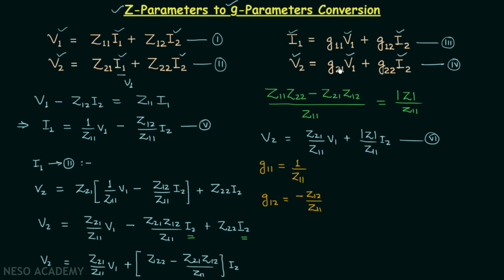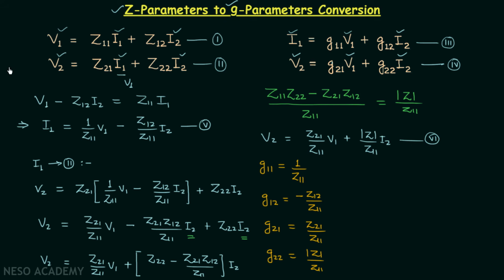You will find parameter G21 is equal to Z21 divided by Z11, and parameter G22 is equal to the determinant of the Z matrix divided by Z11. Now if you want to remember the results, you can remember, but it is very important to remember the steps we have followed, because in examination you can solve the questions using the steps we have followed.